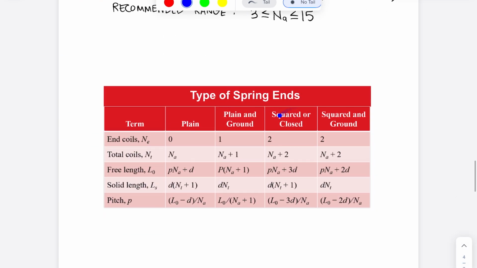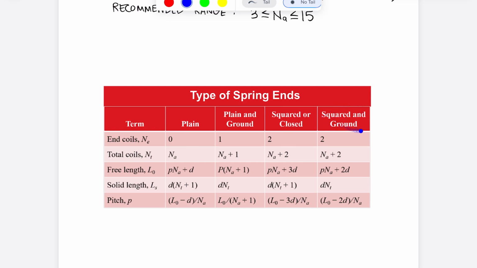We can also have squared or closed ends, which is a spring that has been deformed at the ends to a 0-degree helix angle. So we've just closed off the ends by deforming those last couple of coils to square them off.